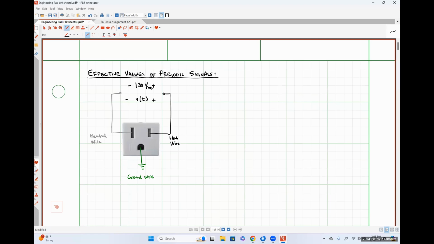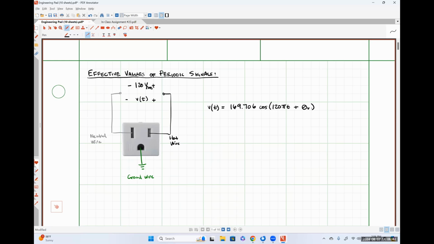So if we were to connect an oscilloscope, which is a tool used to measure varying signals so that we can see what they look like as a function of time, the waveform that we would be looking at would be something like 169.706 cosine(120 pi t plus some generic phase angle theta_v), that really depends on when we start measuring things.